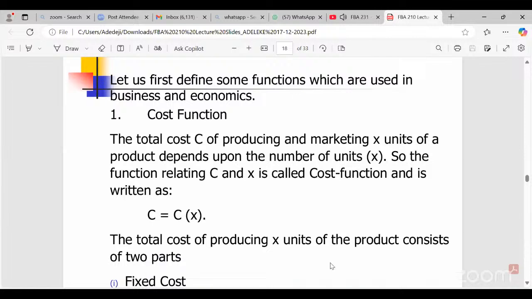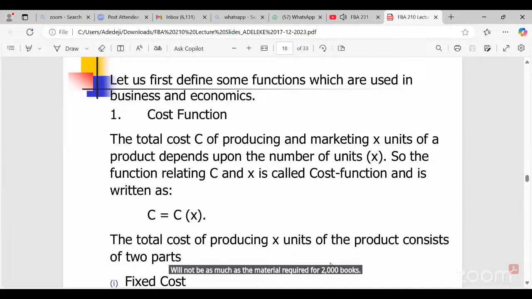But the variable cost, to produce a book, you need raw material. So if you are producing 100 books, the quantity of material needed will not be as much as the material required for 2,000 books.